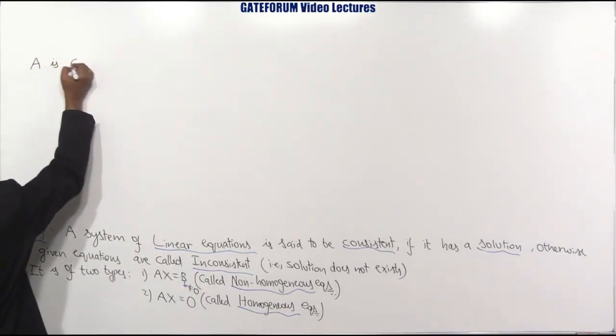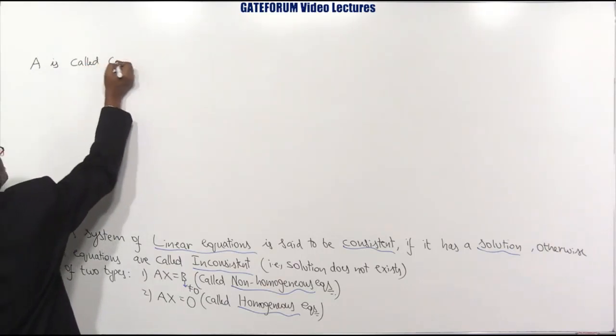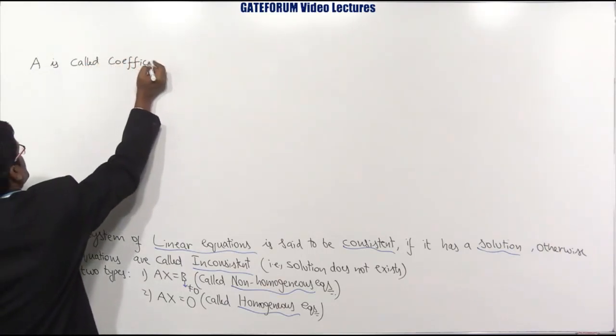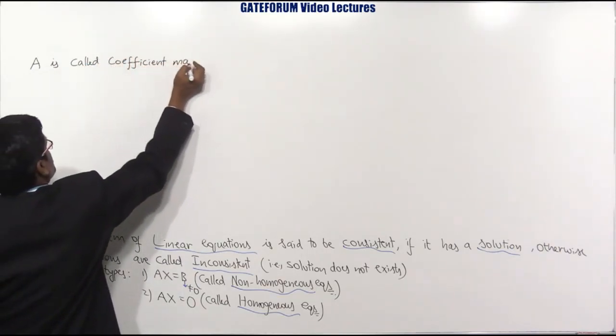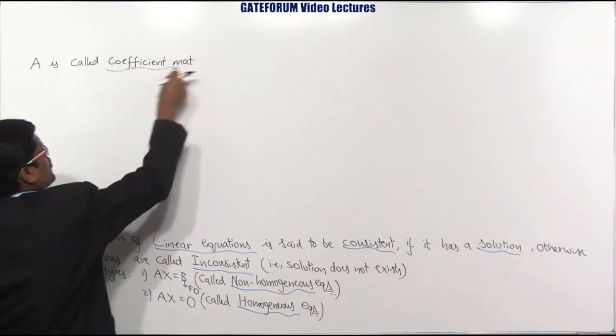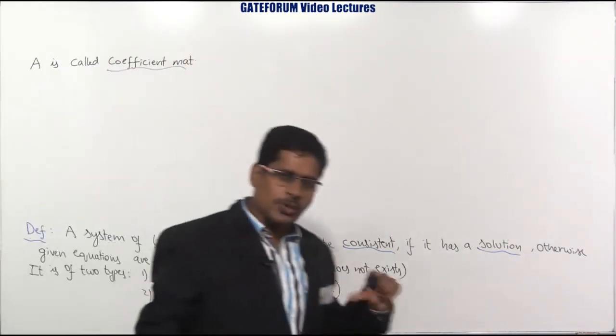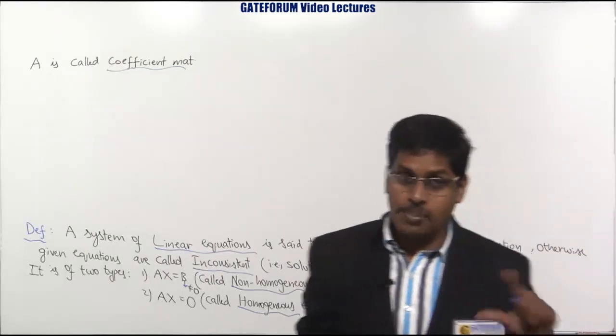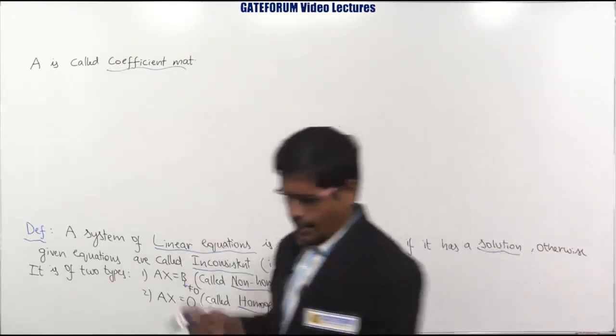A is called the coefficient matrix. That means all the coefficients of x, y, z in the given equations are put in a matrix. That matrix is called the coefficient matrix denoted by A.